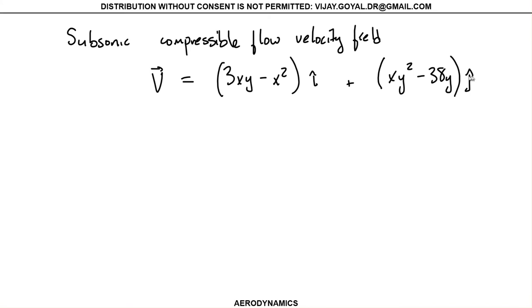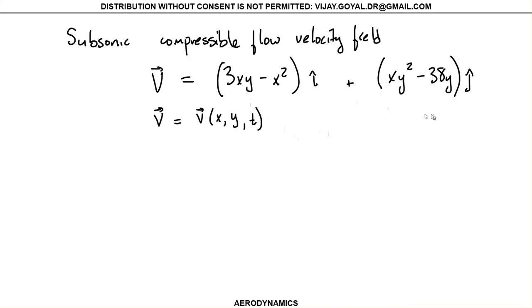Okay. Now, note that in this particular problem, let's assume that your velocity field, as you can see here, is only a function of x, is a function of y, and maybe a function of t. Okay, and we know that.